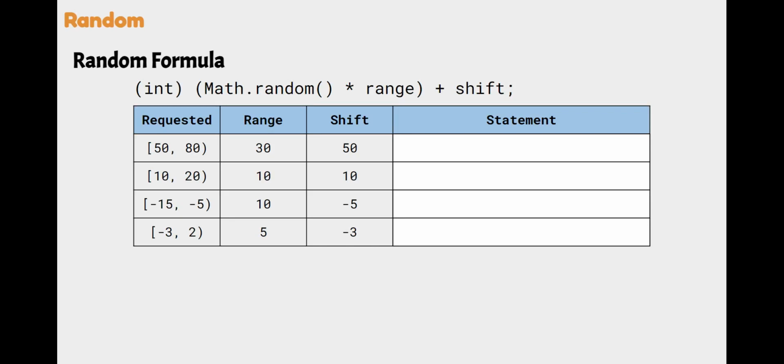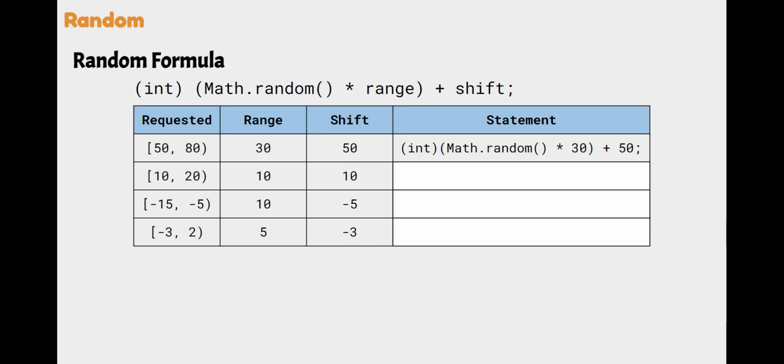If we are requested to generate random numbers in the range of 50 to 80, we have a range of 30 numbers, and they are shifted 50 from 0. In order to code that, that would be an int cast of the value Math.random times 30, because that's the range of numbers we want. We want 30 different numbers. And then we're going to add 50 to that because we want those numbers shifted 50 from 0.